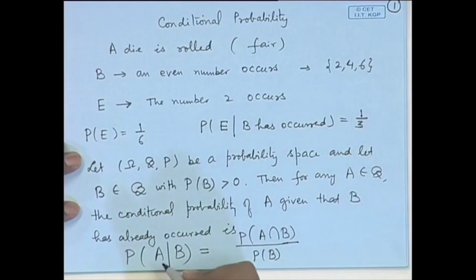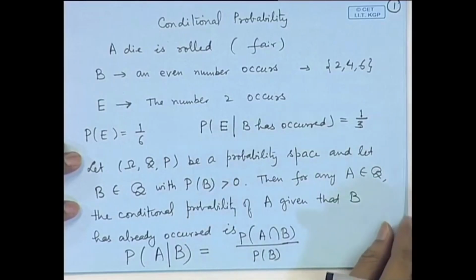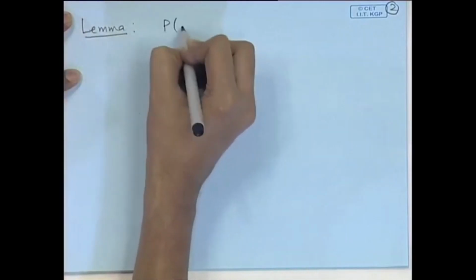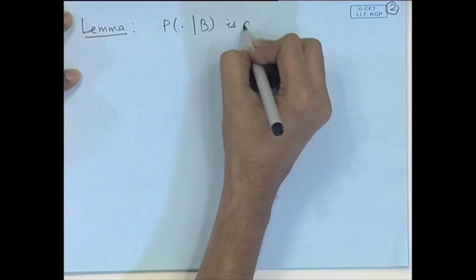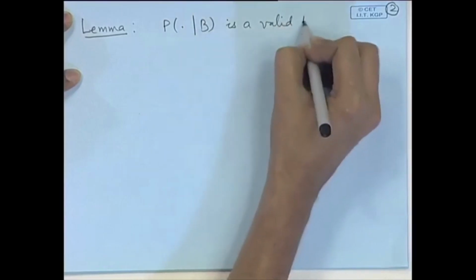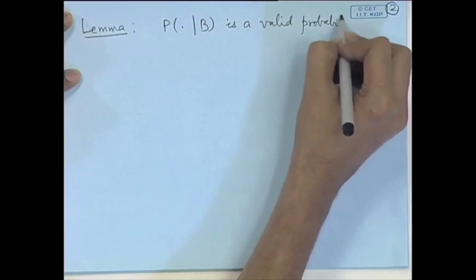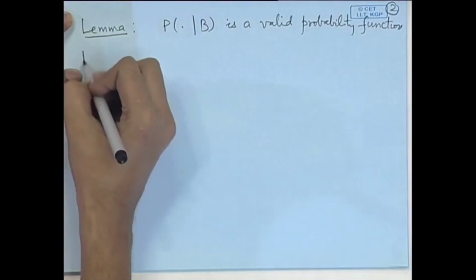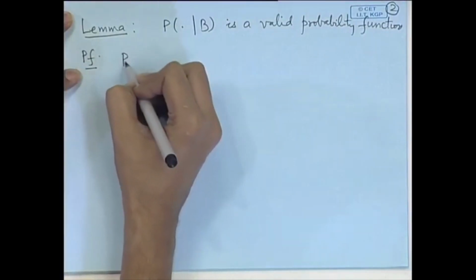Now, given any event B, if we are defining the probability of A, then first of all we should check whether it is a proper probability function satisfying the axioms of probability. Let us check that. We state it as a result that P(. given B) is a valid probability function, meaning that it will satisfy the 3 axioms.